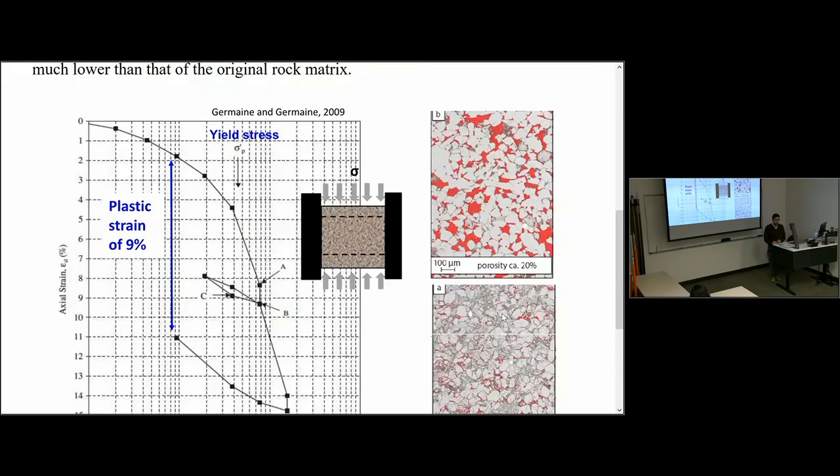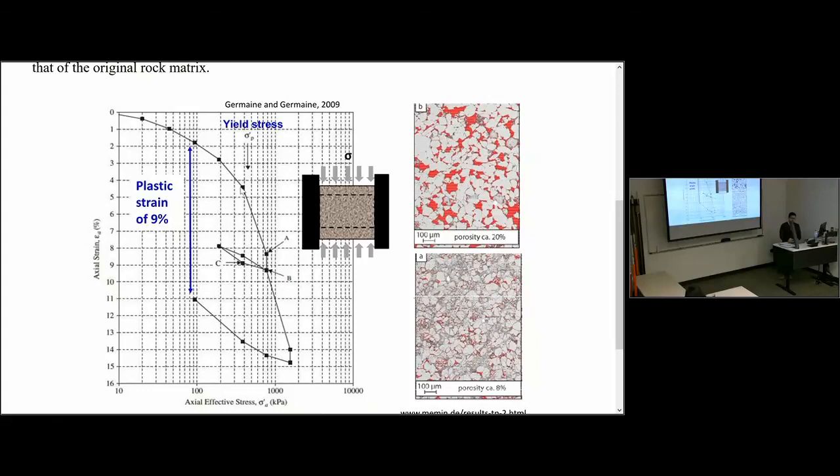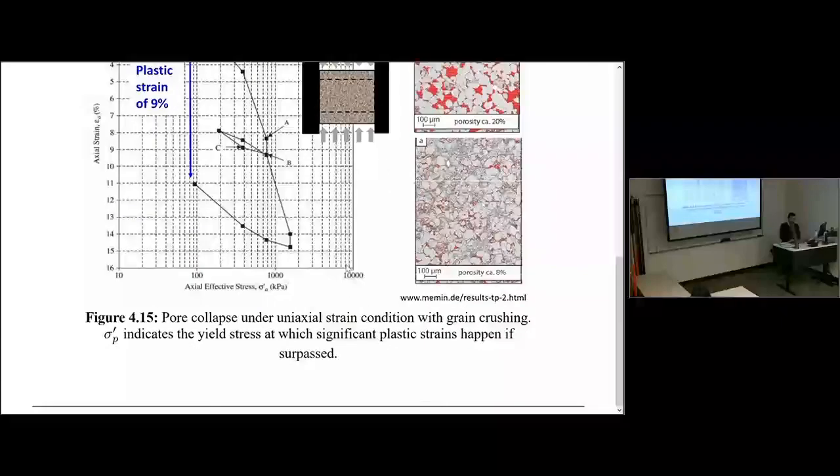So it can be quite considerable. And again, we'll see later the applications of this. But in summary, there is going to be a maximum stress at which if you go over that maximum effective stress, you're going to start to fail the rock internally, crushing the grains and making the pores smaller.